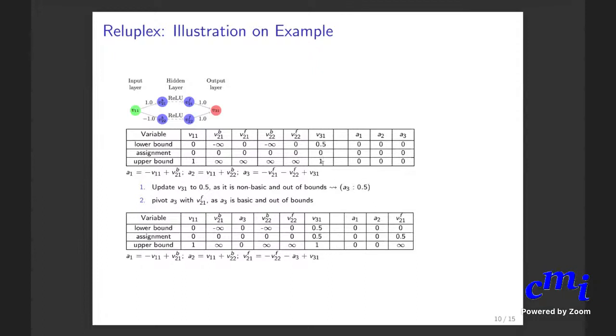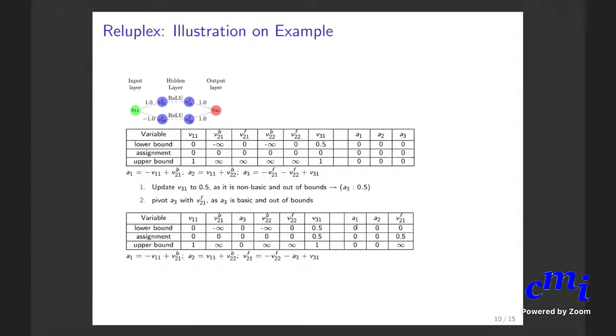Because if I make V31 to be 0.5, this requires that V31 should be equal to V21F plus V22F, but V21F plus V22F is 0, and therefore A3's bound gets violated, because A3 has to be 0.